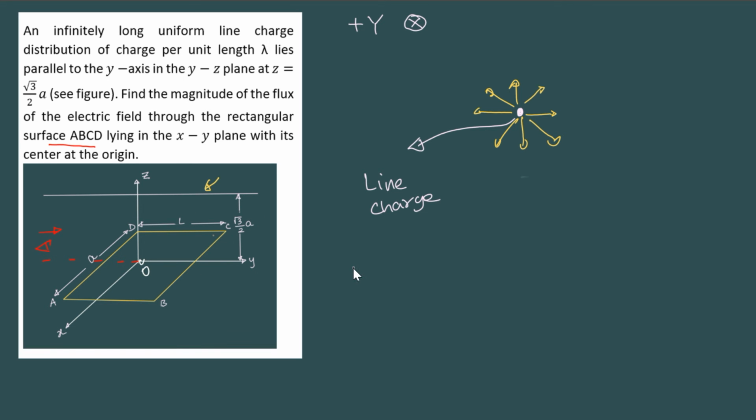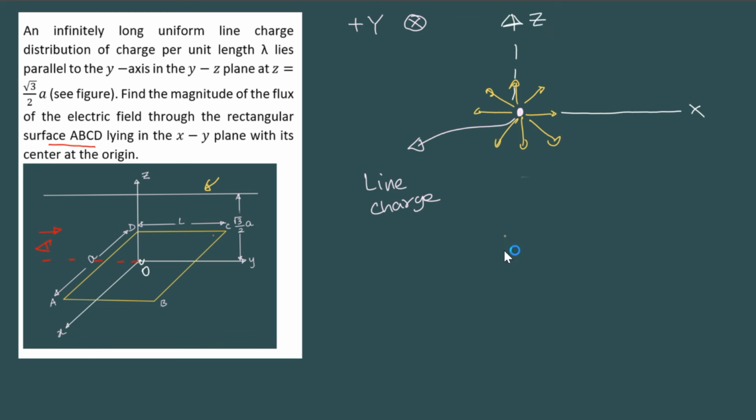With this orientation, since we are looking into the board, this right side becomes our x-axis, the y-axis is into the board, and this is our z-axis.